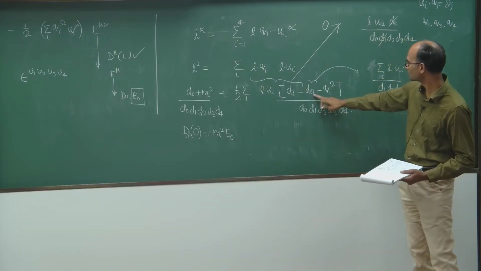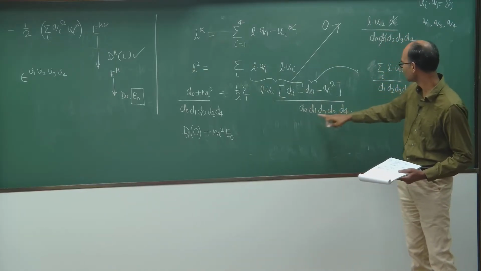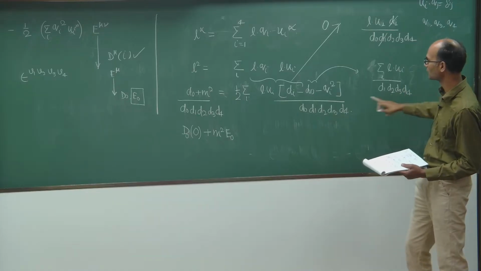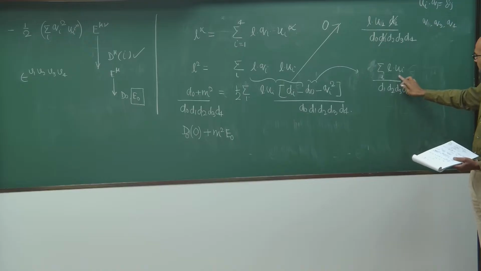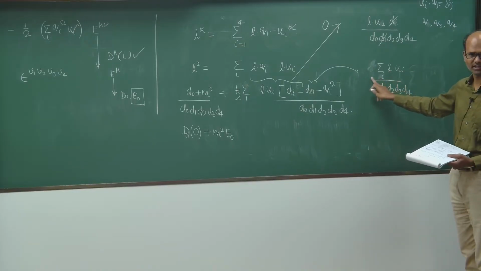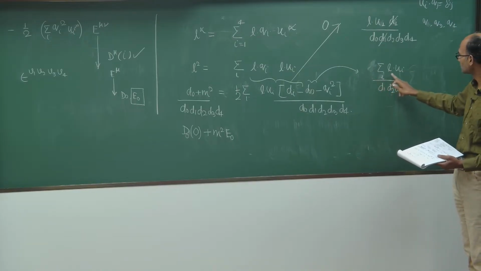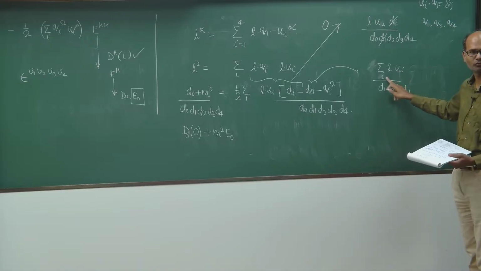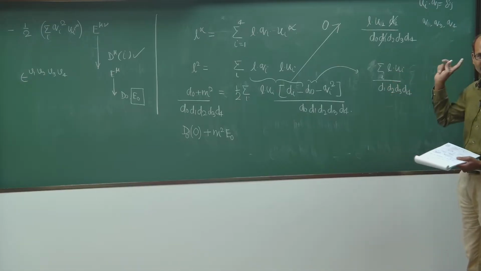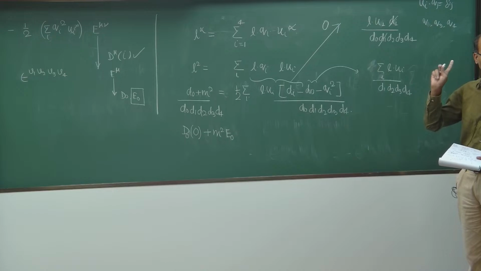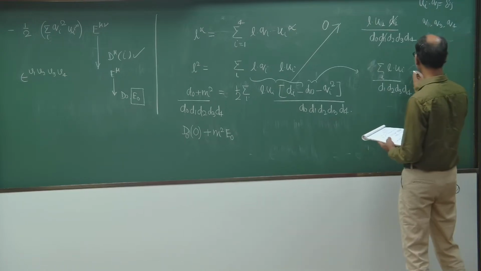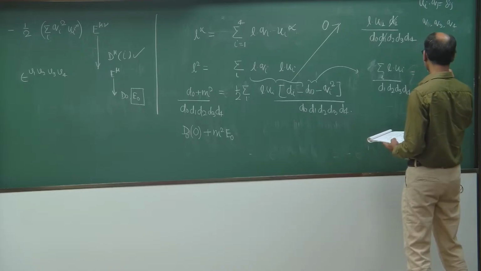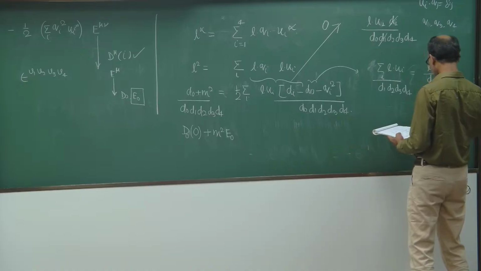So with the d0 term, I remove this d0, I get d1, d2, d3, d4, and here this is the sum over L dot ui. Now, what is this? L is outside, I can take it out, and this is the sum of ui over I from 1 to 4. I gave you an exercise a while ago that the sum over I of ui is equal to v1. So if you do that, this is basically L dot v1 divided by d1, d2, d3, and d4.